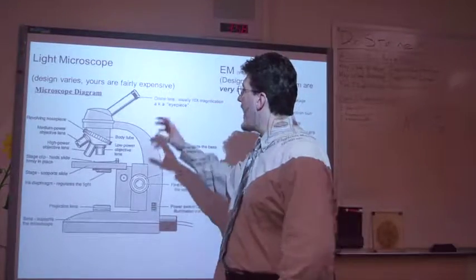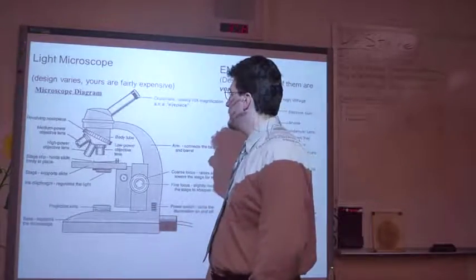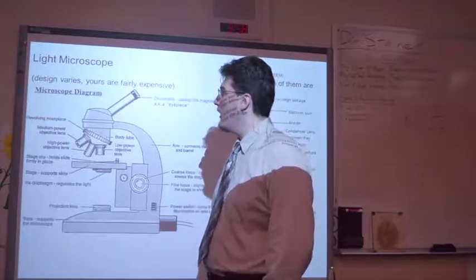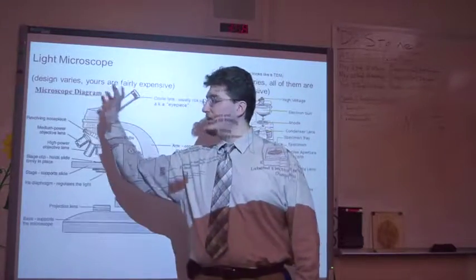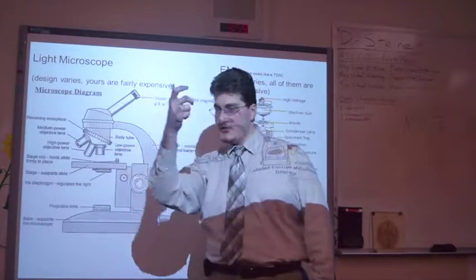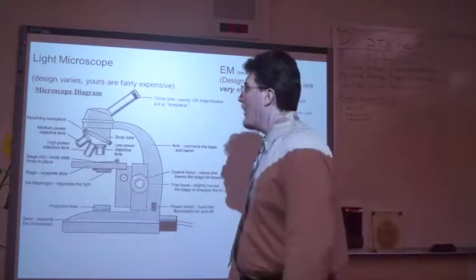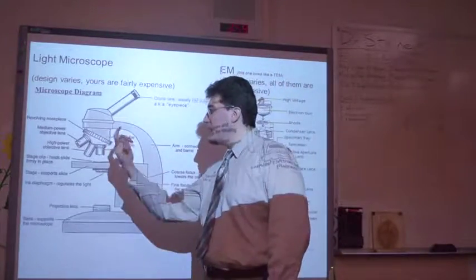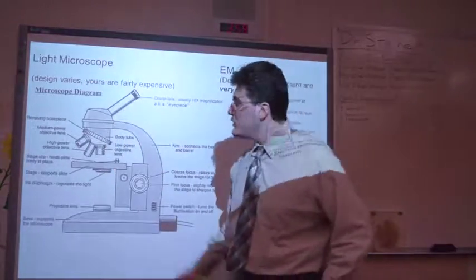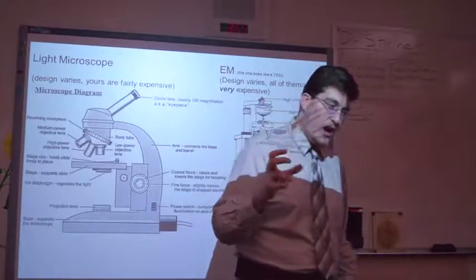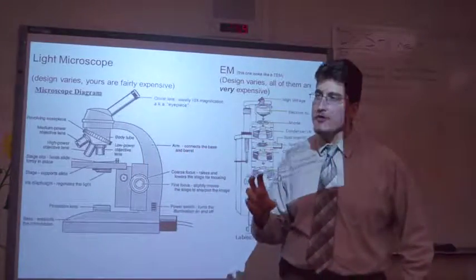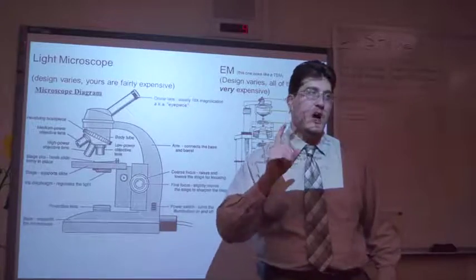So you have the ocular lens, the eyepiece. Yours rotates here to allow people to see if you need to share. You have a rotating revolving nose piece. You have 3 lenses. You also have space for a 4th oil immersion lens, which we do not use.